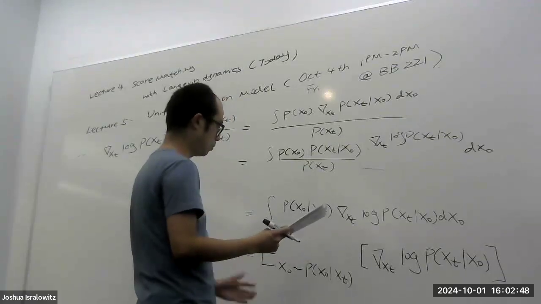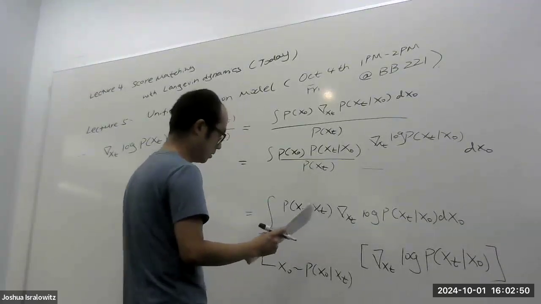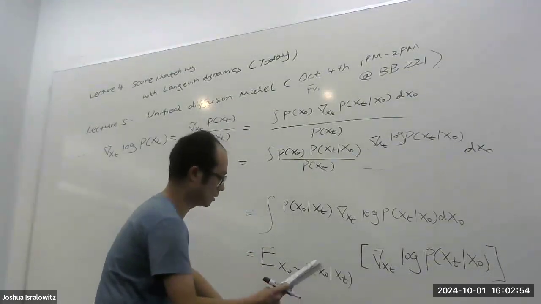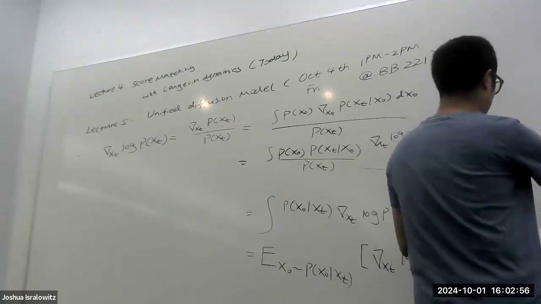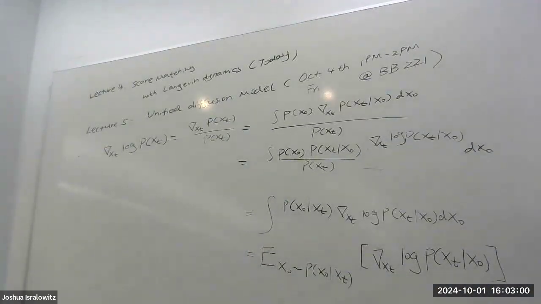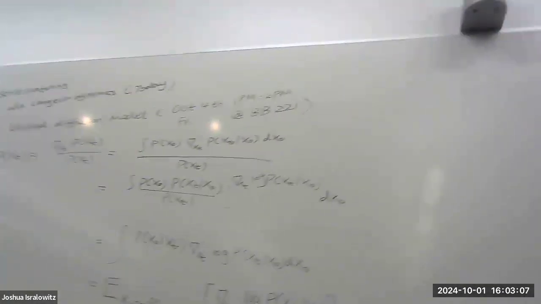You basically need to sample a pair of x0 and xt. So what you do is you are going to get this loss function. The loss function is here. I'm going to write out the loss. That will be the end of today.